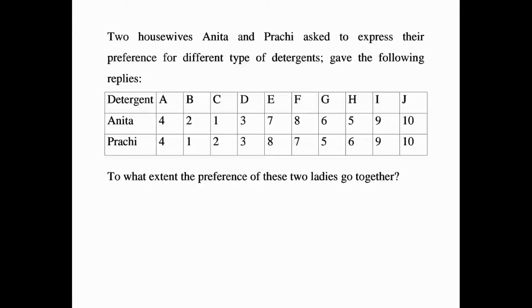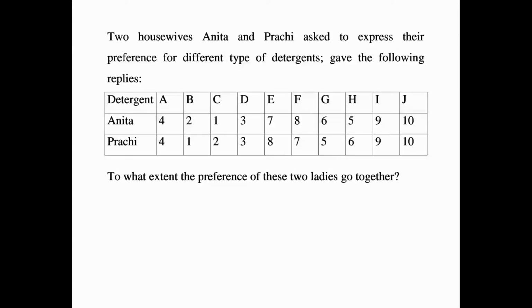And for the last detergent, J, Anita gives rank 10 and Prachi gives rank 10. So this is the data where you have to find out to what extent the preferences of these two ladies go together or not. This is your main objective.